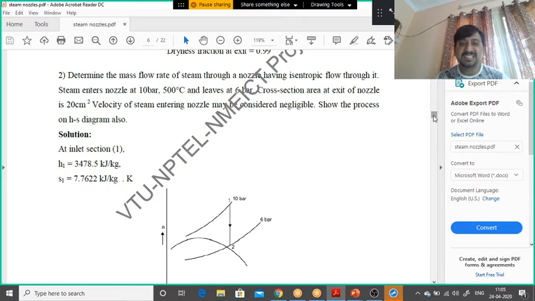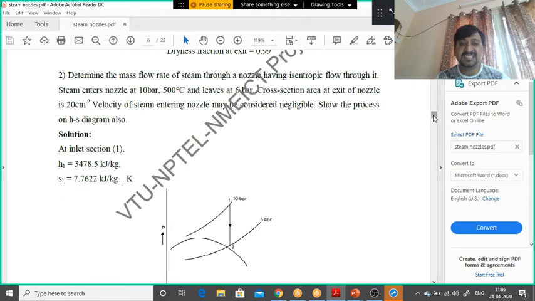Determine the mass flow rate of the steam through a nozzle having isentropic flow through it. Steam enters the nozzle at 10 bar, 500 degrees Celsius, as the inlet pressure and temperature, and leaves at 6 bar.